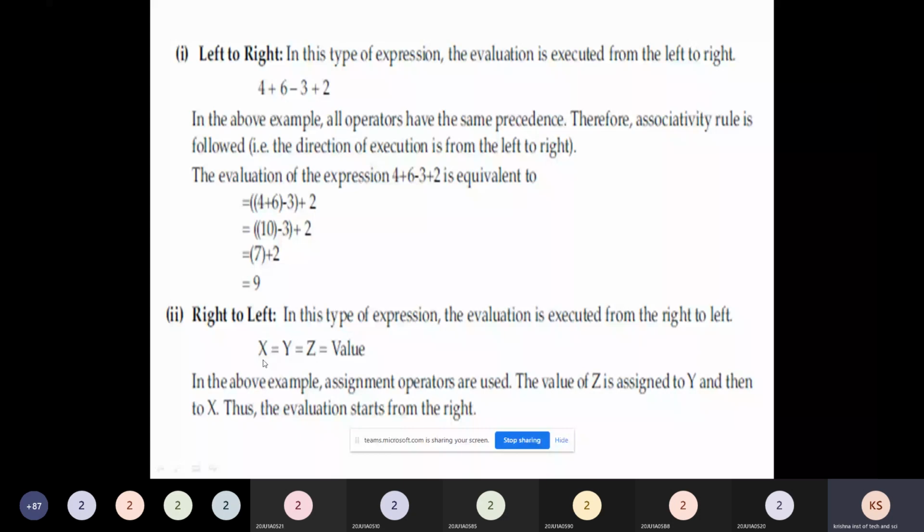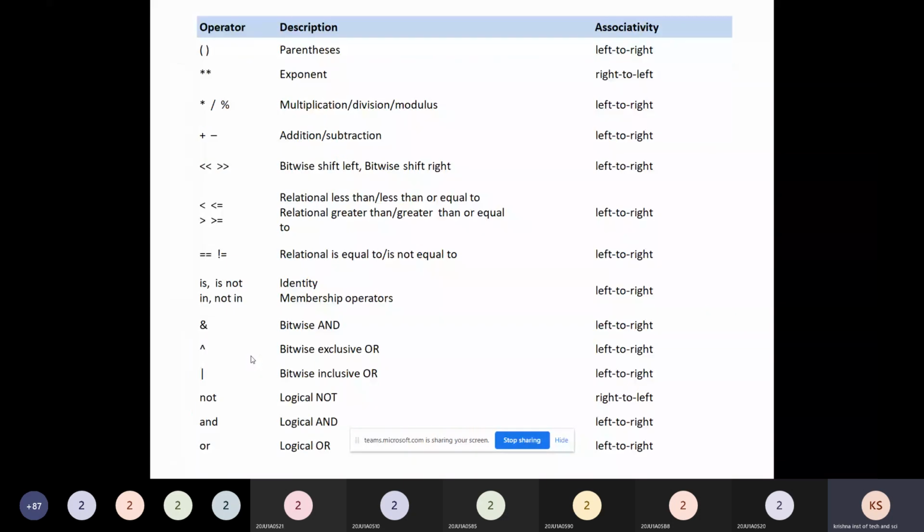First, the value is stored in z, then the stored value is assigned to variable y, and finally the value available in y is stored in x. So we start from the right side and move towards the left side. This is right to left associativity.